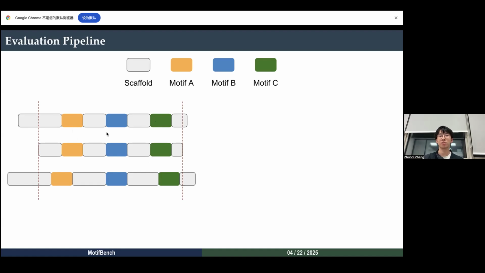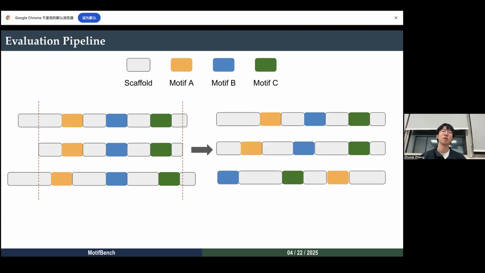So from the design perspective, the sequential order would make the search space limited. And also from the perspective of evaluation, we all know that the diversity calculation and the novelty calculation are pretty sensitive to the overall length of the scaffolds. So this would make the evaluation more stochastic.